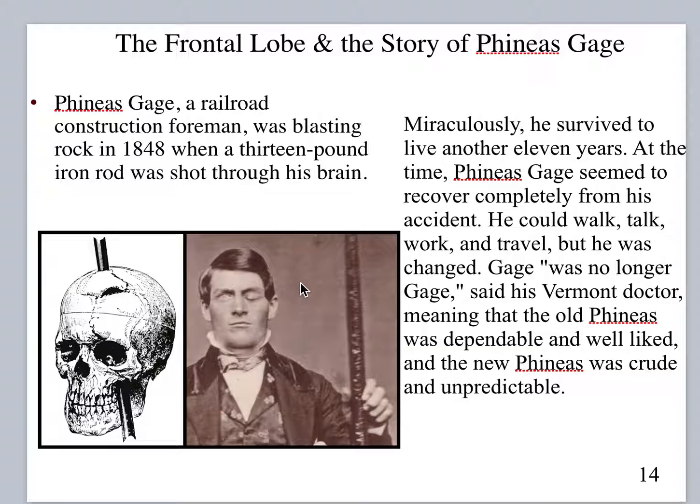He lived another 11 years after this injury, but he was different. He could still walk and talk, he could work, he could travel, but he had changed. His personality was changed. Whereas before he was very dependable and well liked, the new Phineas was crude and unpredictable. So it just lets you know that the frontal lobe has a lot to do with personality and those traits that make us human.